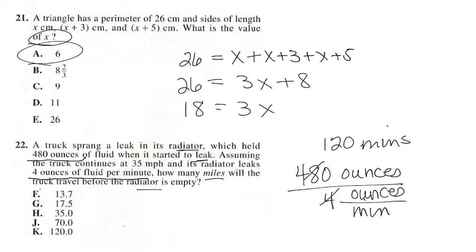Well, he's driving 35 miles per hour, so 120 minutes is really 2 hours. So it's the same thing as, my marker changed, 2 hours. So if he's driving 35 miles per hour, then after 2 hours, he is going to have driven 70 miles.